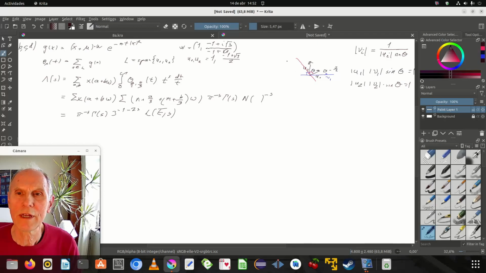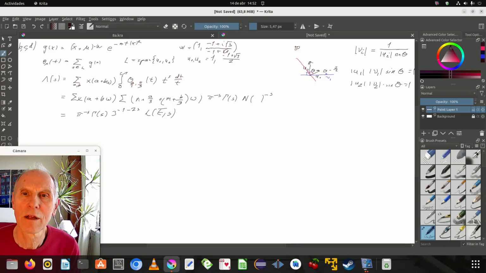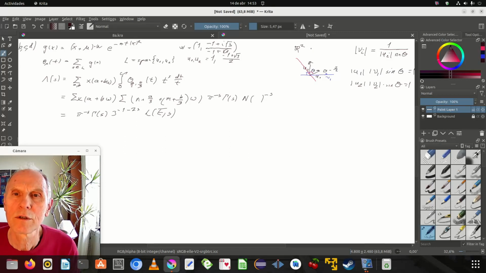We work here in R squared, but by multiplying with omega, it's isomorphic. I don't know how we should say it. A diffeomorphism, I don't know, and additive group isomorphism with the complex numbers.